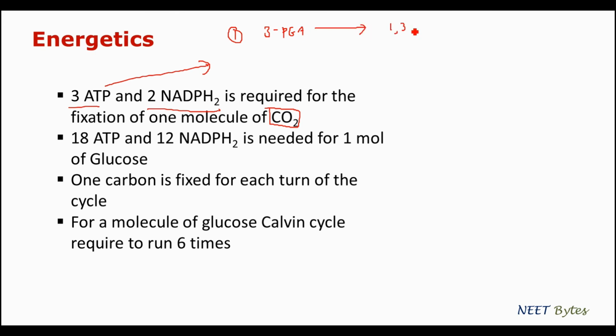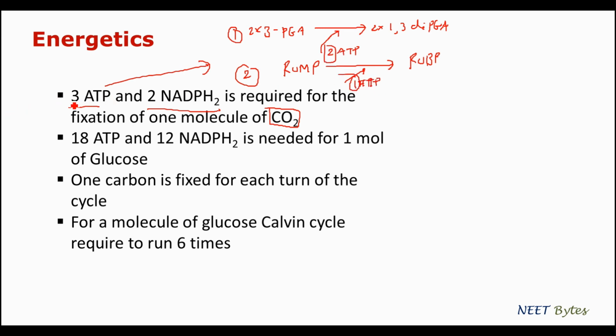It was 2 molecules, so the utilization was 2 ATP, right? And the second was the RuMP getting converted into RuBP, and here 1 ATP is utilized. So altogether 3 ATP is required for the fixation of CO2, right?